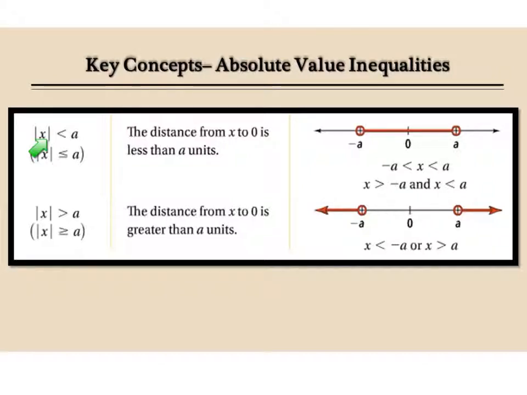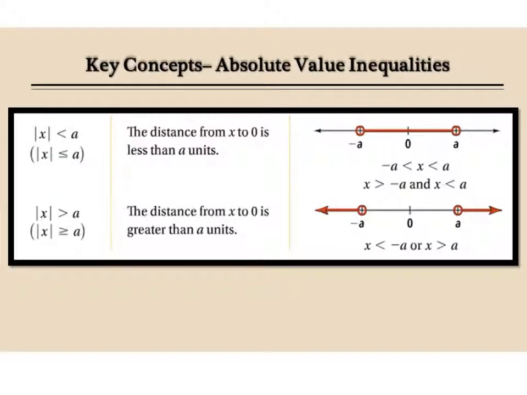If the absolute value is less than the variable, it is an "and" inequality, and we graph it like a barbell, 2 points that are combined, whether it's open circle or closed circle.